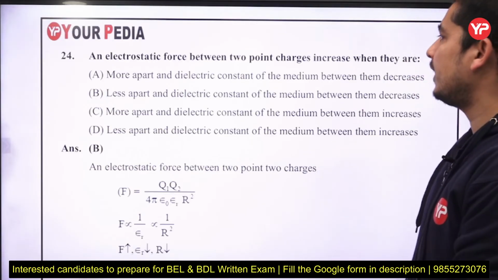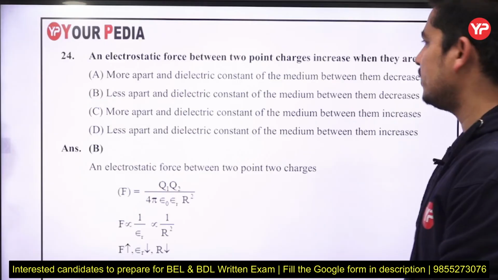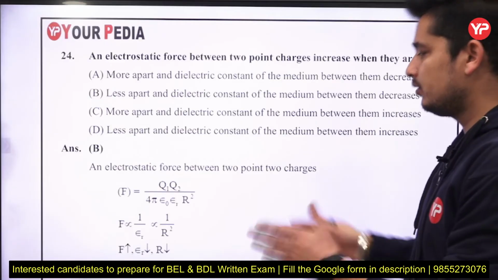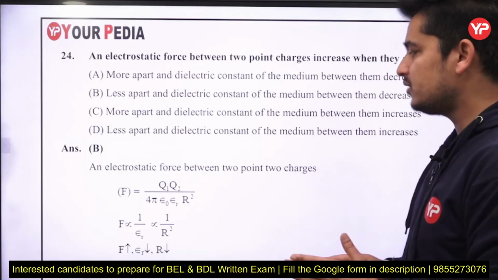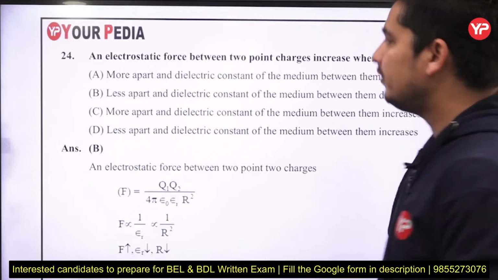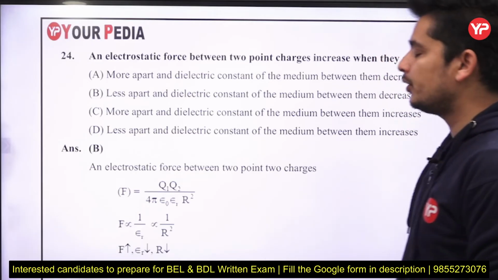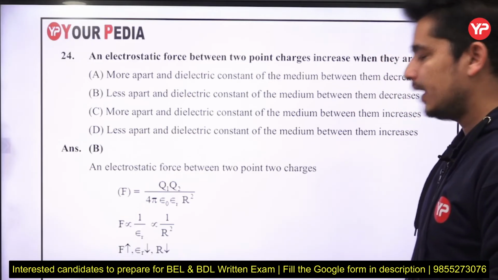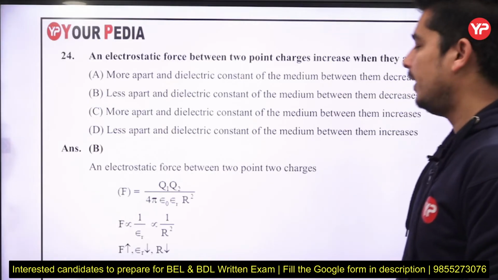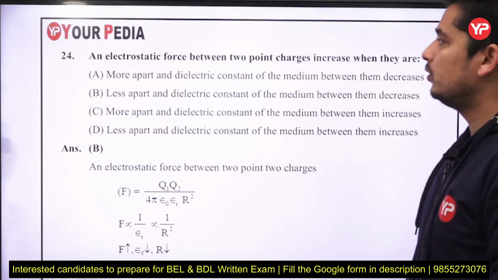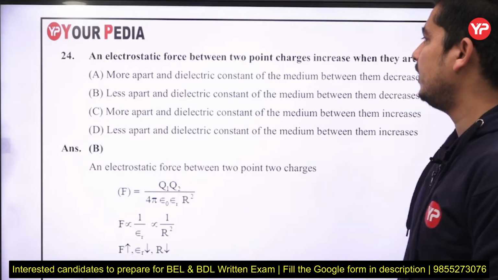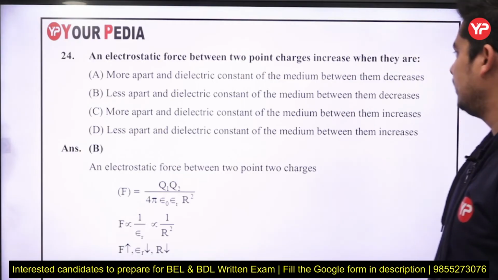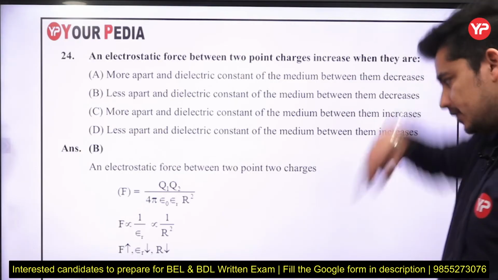So if the distance between these two is very small and the dielectric constant is small, to increase the value of F, epsilon r should be small and r should be small. So less apart and the dielectric constant of the medium decreases, right? That will be the answer, B.